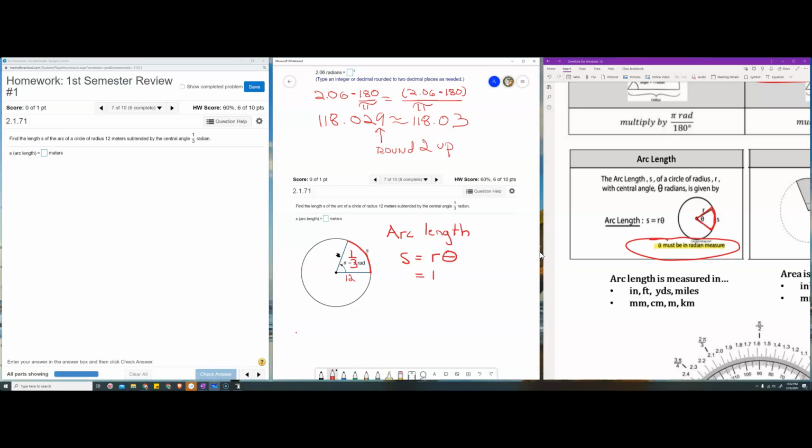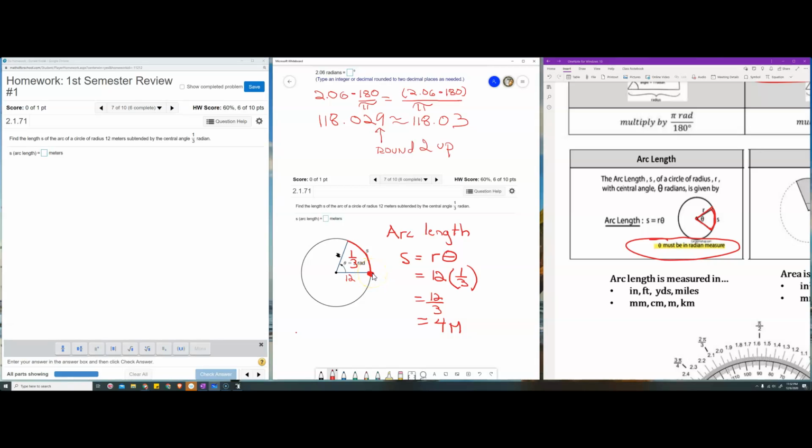So my radius is 12. My radian is 1/3. So I multiply that out, I get 12/3. So my answer is 4, and we are measuring in meters. So this is going to be 4 meters. That's how long that arc is.